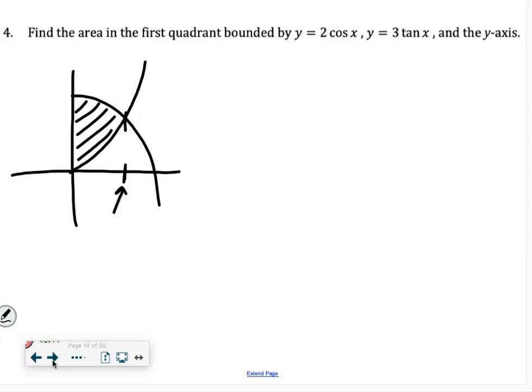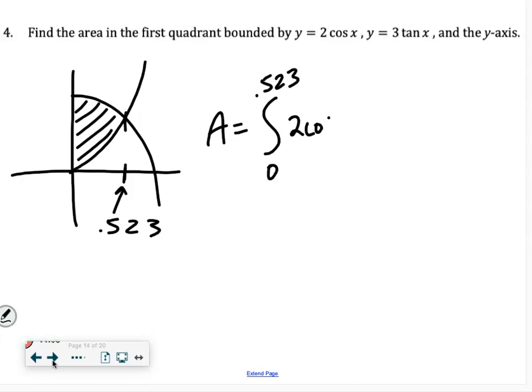Does anyone have that by any chance? 0.523 something? Okay. Then your area is the integral from 0 to whatever you got there, 0.523-ish with more decimals in your calculator, right? Of top, which is 2 cosine x, minus bottom, which is 3 tan x, dx. Whatever that is.